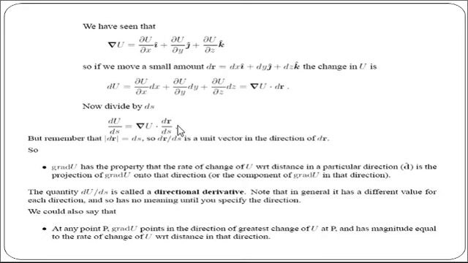We have seen in our previous slide that del u is equal to ∂u/∂x i plus ∂u/∂y j plus ∂u/∂z k.